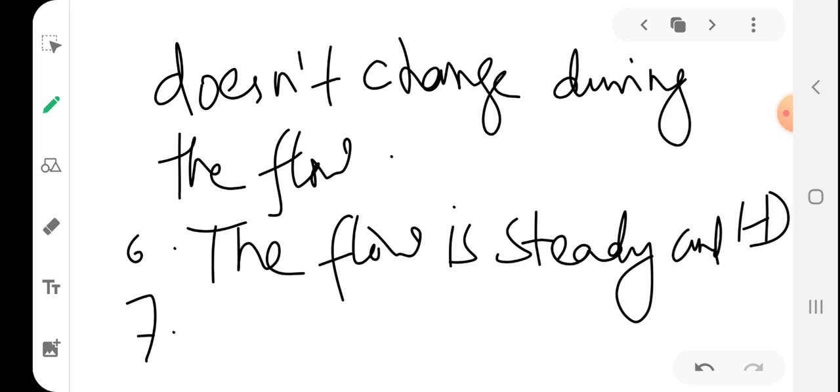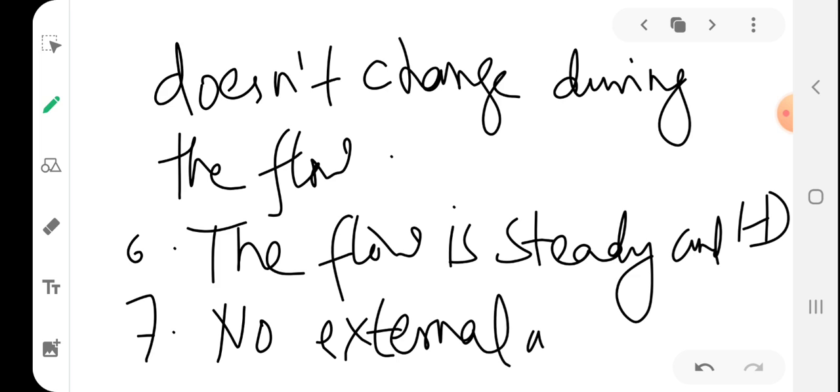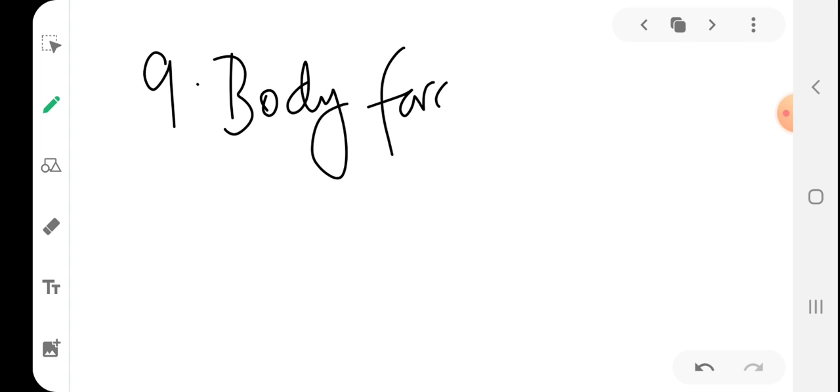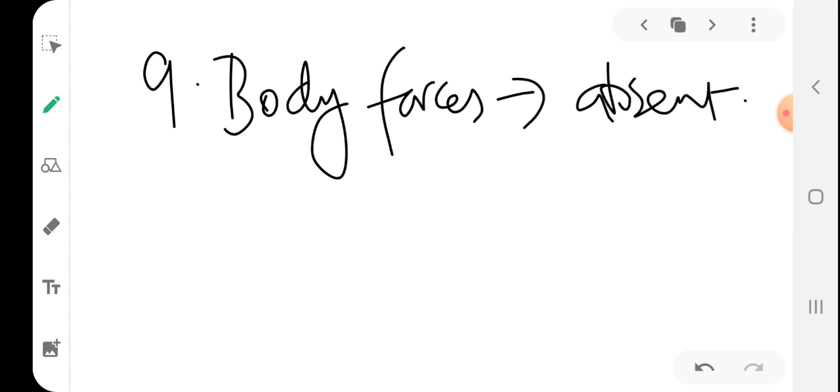And no external work should be there. Body forces should be absent. There should be only pressure force; there should not be any body forces or surface forces.